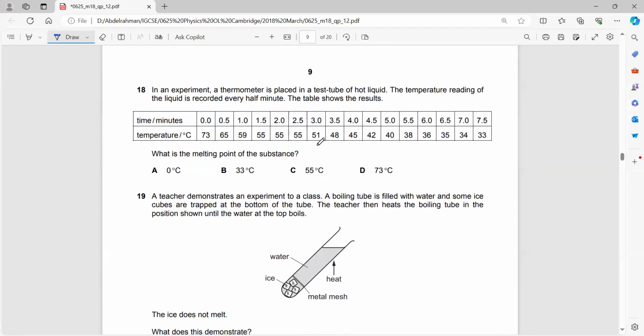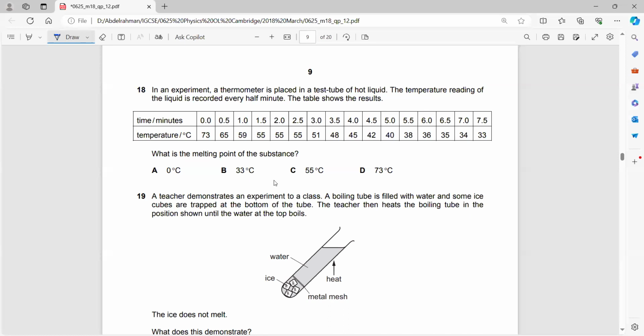18. An experimental thermometer is placed. How can we find the melting point of a substance? It is the constant temperature.